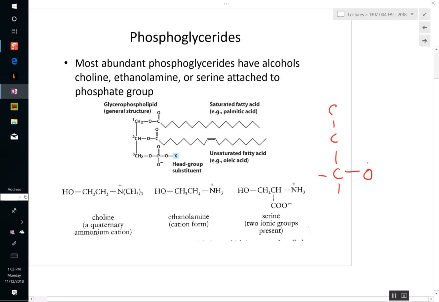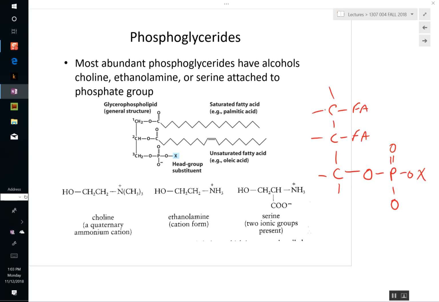Down here, I think it would be wise to be able to know this little portion of this phosphoglyceride. You've got a phosphate bound to that glycerol backbone. Here are your fatty acids. You've got this phosphate group, and then here's where the variety comes in. What is X?